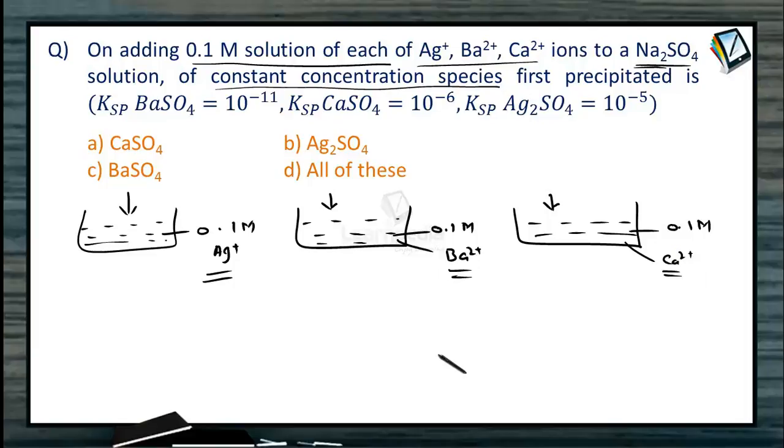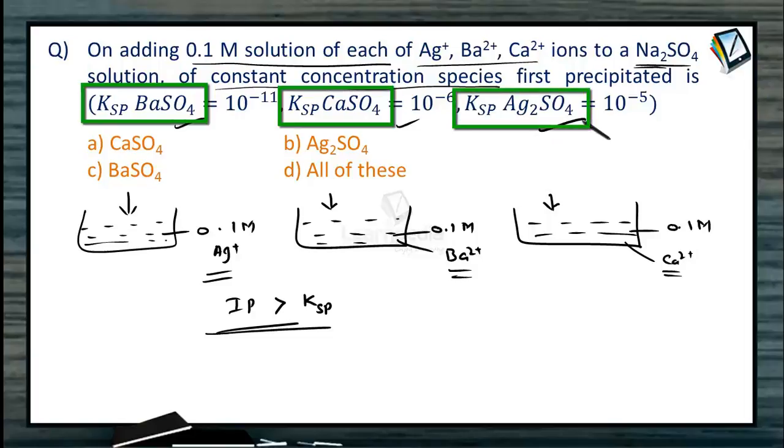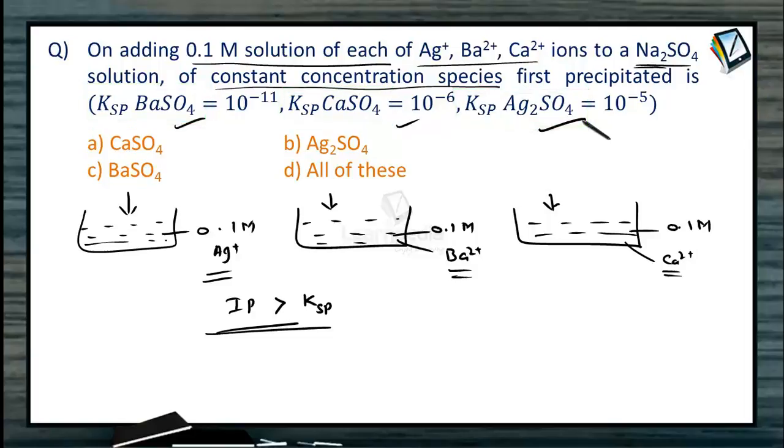So for the precipitation to occur, we know that ionic product should exceed the solubility product constant, for which purpose the solubility product constants of barium sulfate, calcium sulfate, and silver sulfate, all the three are given. So we need to find out what concentration of sulfate ion is required so that the IP exceeds the KSP and the precipitation occurs.